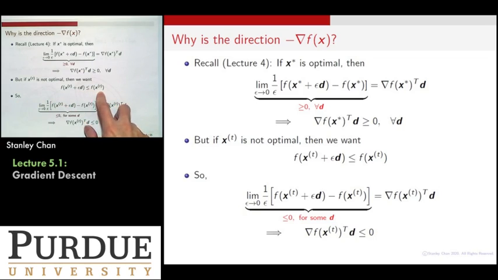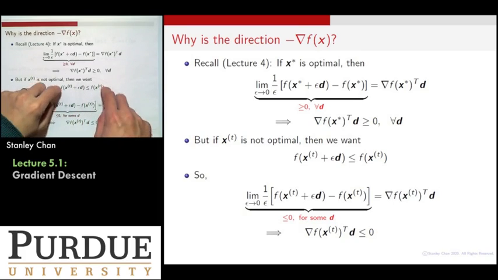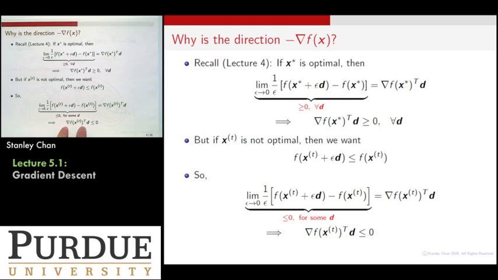If you can find that, great, because then you can just walk that step, and you will reduce your loss function value. Now if you want this to happen, then that means you want this gradient of f transpose d to be negative for some d, okay? At least for some d, not all d.